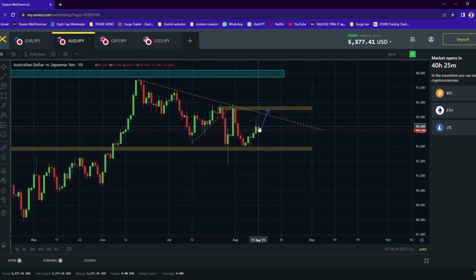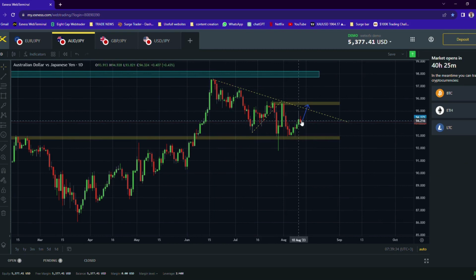So AUD USD, AUD JPY, we are still waiting for that push towards this zone or the trend line, and we'll start from there to see how the market reacts to the structure. But AUD is still in the downward trend, hasn't closed or broken to the upward side, though this might be a market correction and a break to the upside.